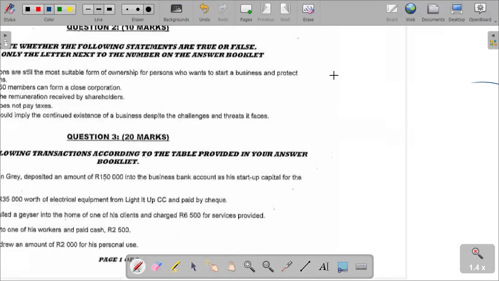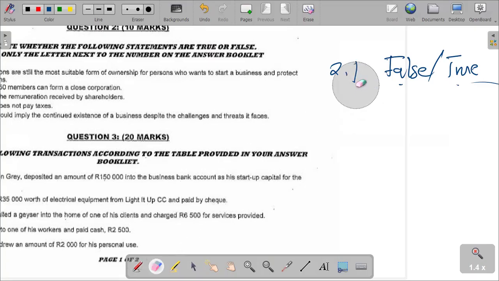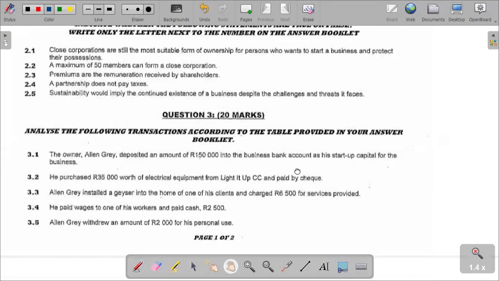You'll say 2.1, false or true. You just write true or false. All right. Let's go back to the question.